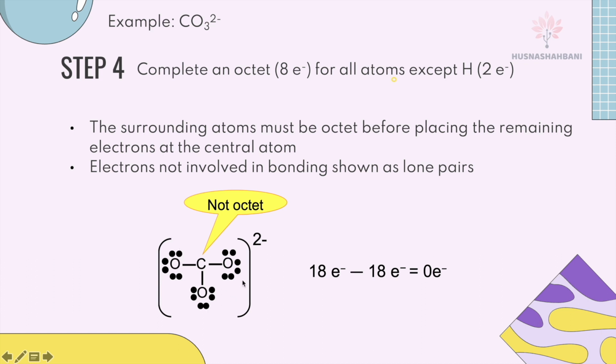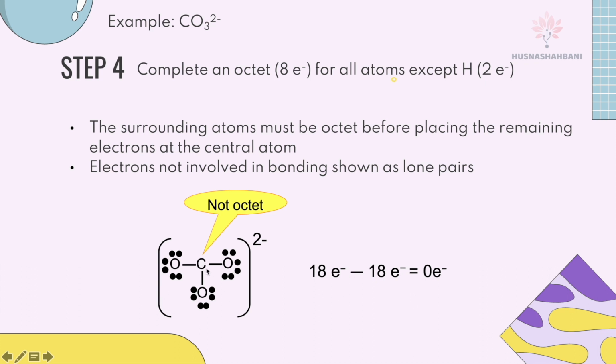Our surrounding atoms are oxygen, so put the 18 electrons on all surrounding atoms. Make sure each atom achieves octet. This oxygen initially has 2 electrons only, and you have to put the remaining 6 times 3, using 18 electrons. 18 minus 18, remaining 0 electrons. All electrons have been used for the oxygen.